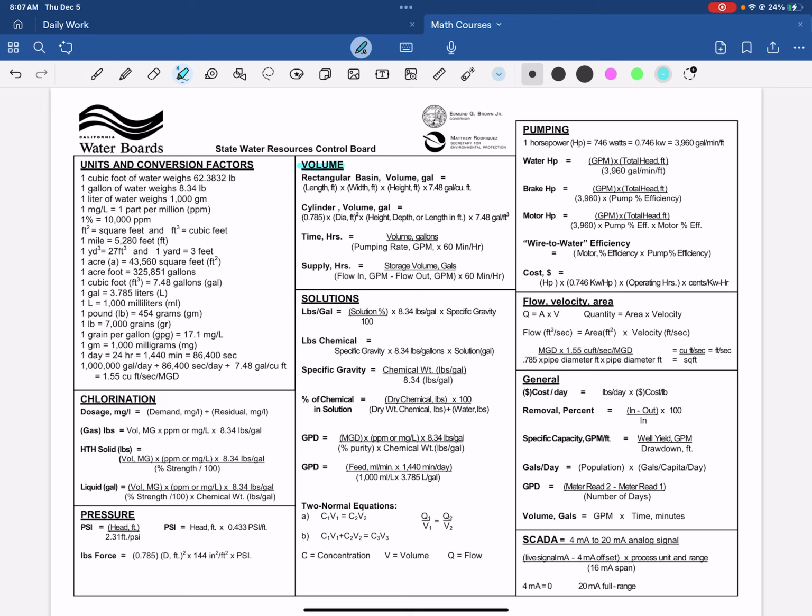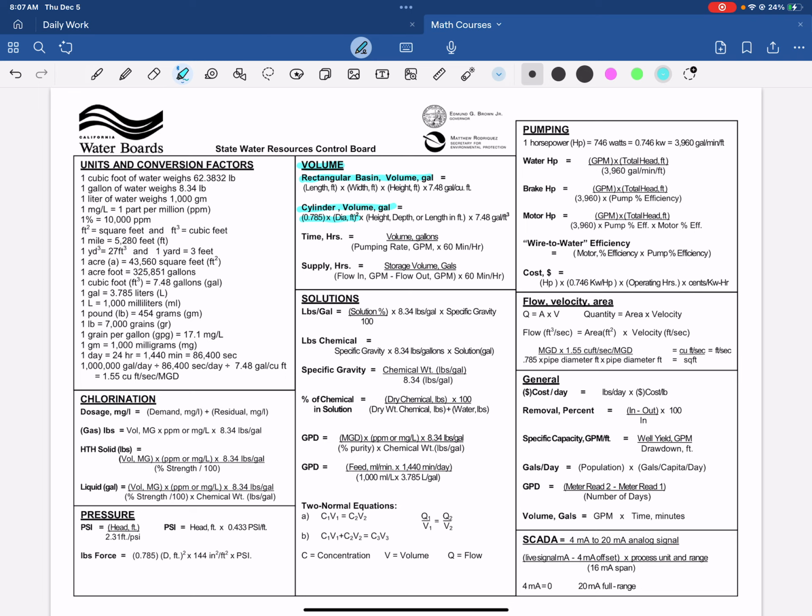The important thing is, are we dealing with a rectangle or a cylinder? Today we're dealing with a cylindrical tank. The area of a circle here, they shorten it up for us a little bit in California and basically say it's 0.785 times the diameter squared.